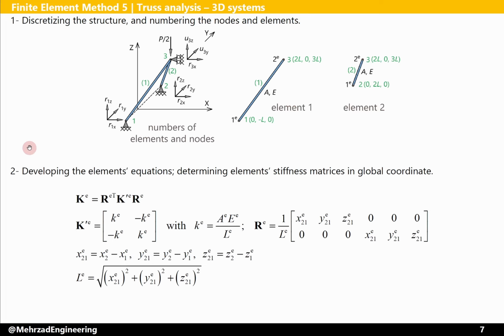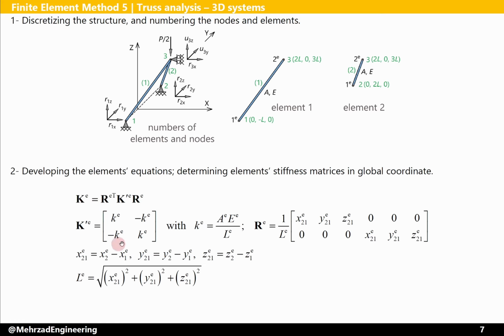Then in the second step, we need to develop the elements equation, or we could determine the elements stiffness matrices in global coordinate system. In global level, the stiffness matrix for the element can be achieved by the multiplication of Re transpose K prime E and Re.